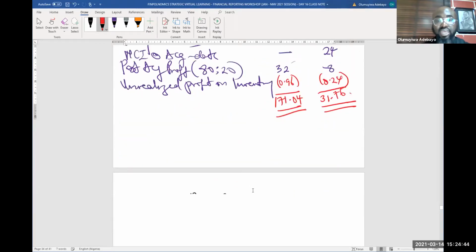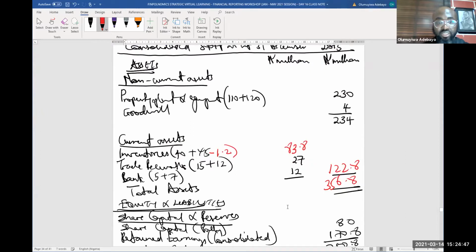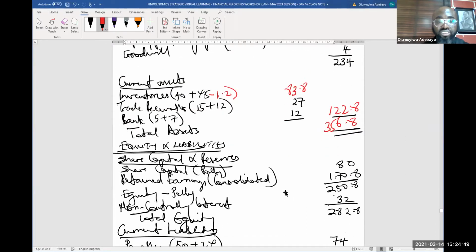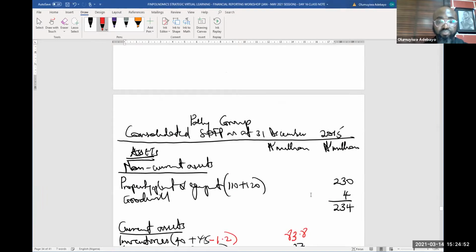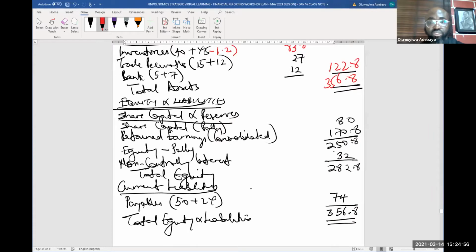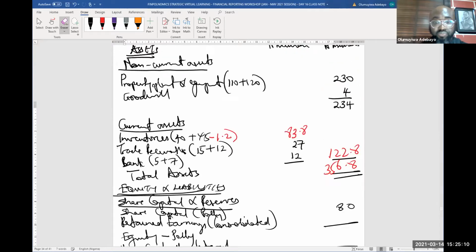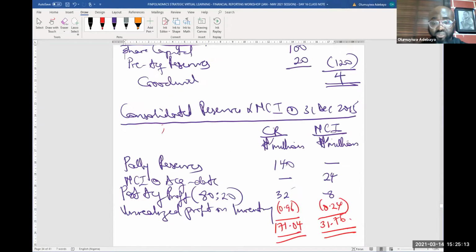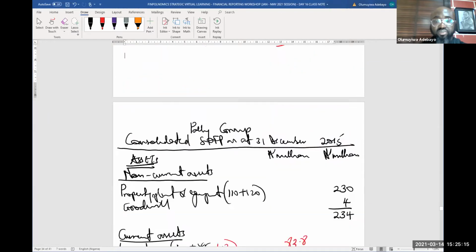Now, how does that affect our balance sheet? Our asset position remains the same with this 1.2, but our equity position will change because it's no longer 170.8. And this is no longer 32. Therefore, what is it? 171.04 and 31.76.